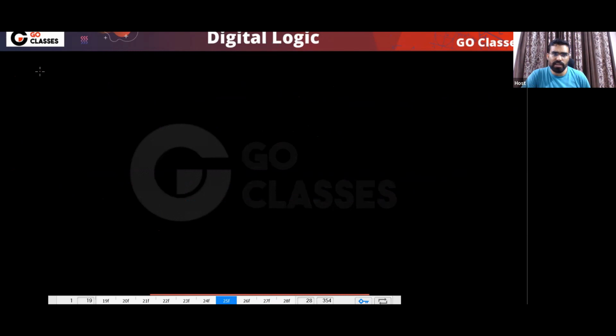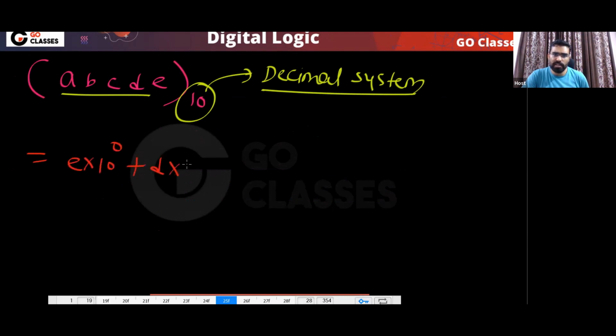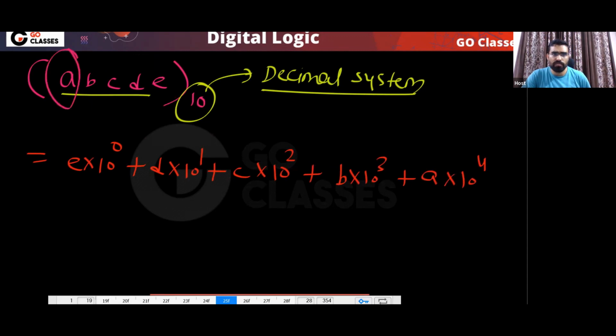In the decimal system, if I give you any number, for example A, B, C, D, E, this 10 basically means the decimal system. It simply means that your system is the decimal system. So I can say that this number will be E multiplied by 10 power 0, plus D multiplied by 10 power 1, plus C multiplied by 10 power 2, plus B multiplied by 10 power 3, plus A multiplied by 10 power 4.